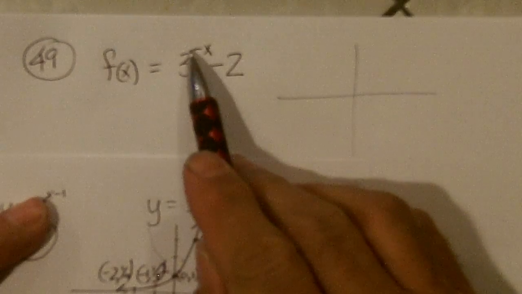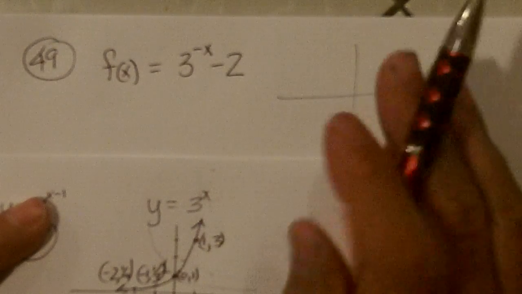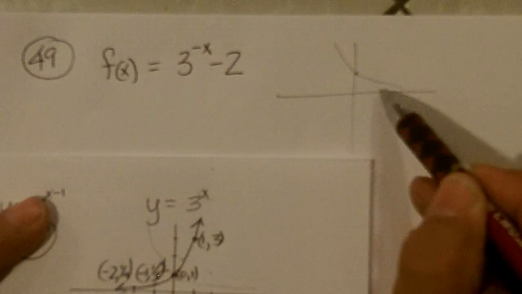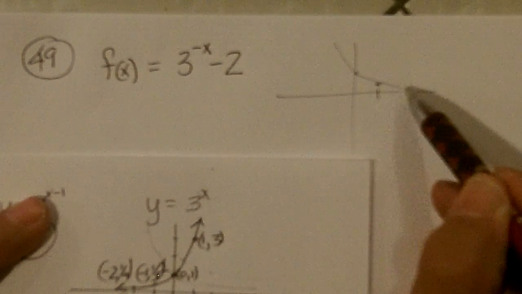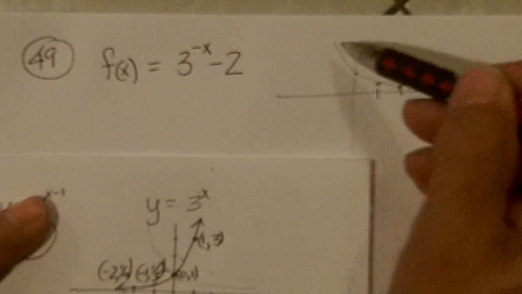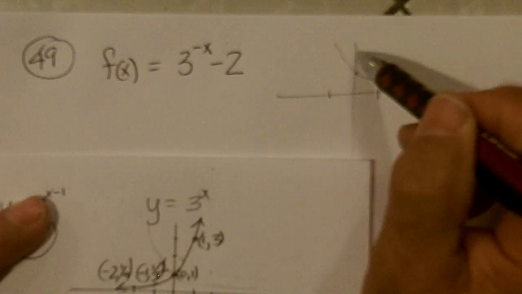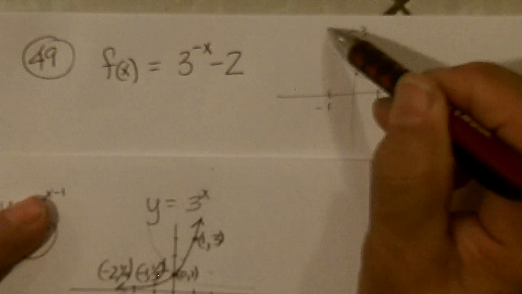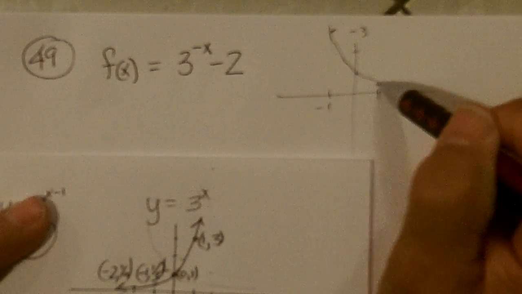What's happened to it with the minus x flips it over the y-axis, so it would then go this way through 1, and at 1 it would be 1/3, and at 2 it would be 1/9, and at minus 1 it would be up at 3. So it looks like that.